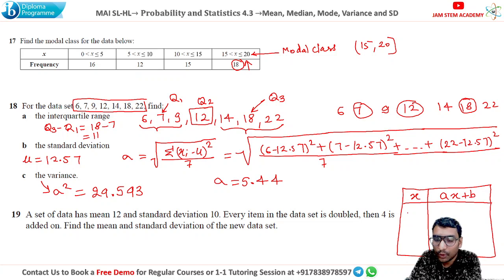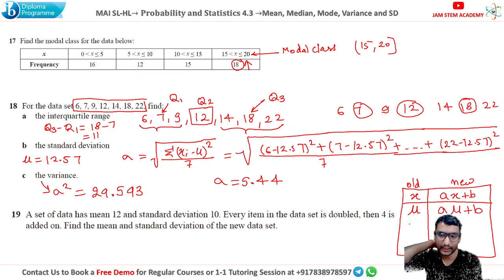If the original mean corresponding to x values was mu, then the new mean will be a times the old mean plus b. All you have to do is take the old mean, multiply it with the same number a, then add the fixed number b to it. Similarly for sigma: the standard deviation has no effect if you add or subtract a fixed number throughout the data, because there will be no change in the dispersion.